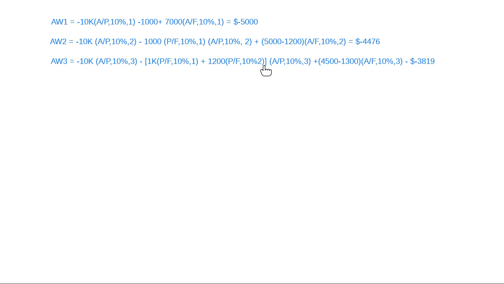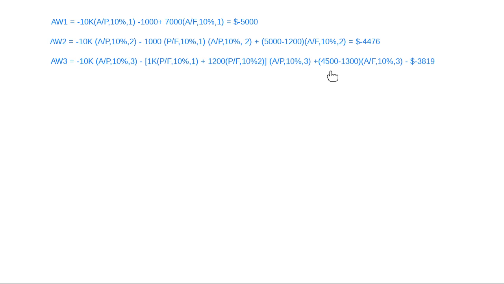Now, when we multiply them by this converter, A given P, 10% for 3 years, that means the operating cost of year 1 and operating cost of year 2 are being converted to an annual for 3 years.